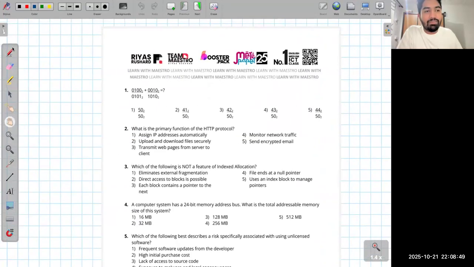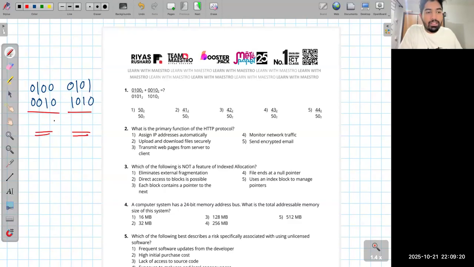Number one, we have base 2. Let's get these numbers: 01000010. So let's do the addition, a normal addition. When you know that, you can do addition of binary numbers. Let's do these numbers' addition.